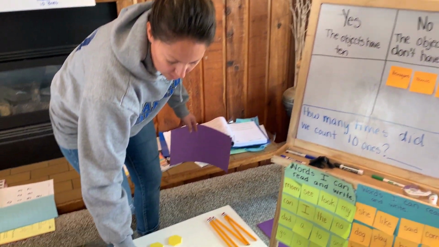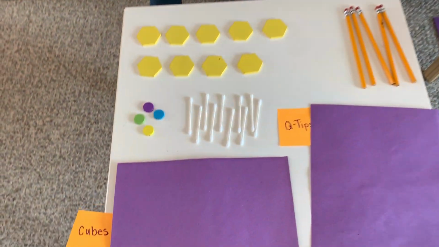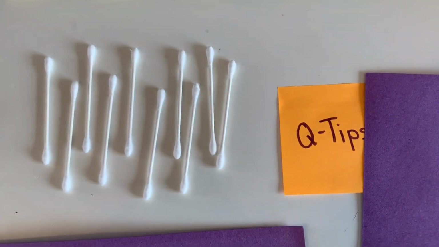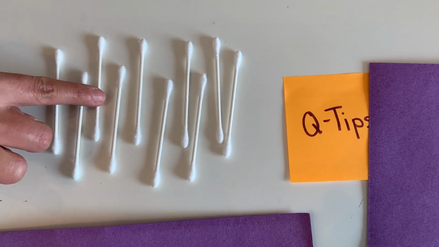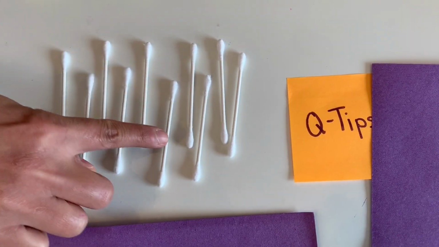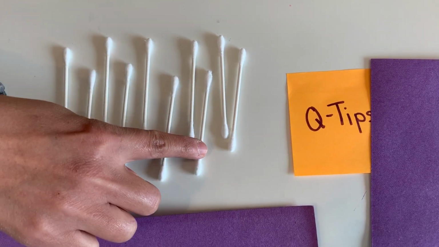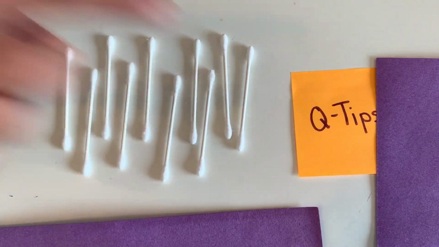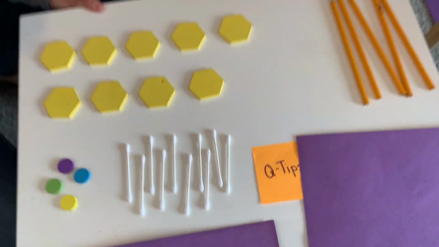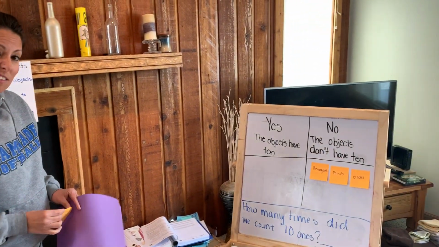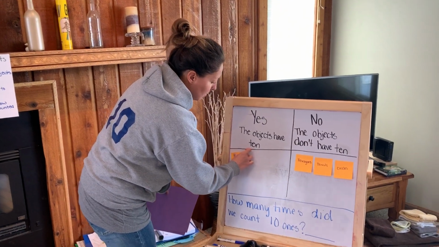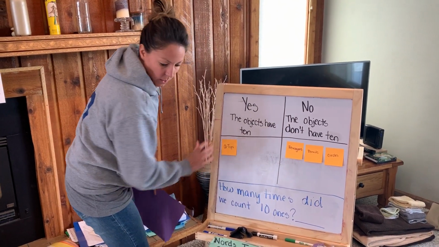Let's go to our next object, which is Q-tips. I'm going to go ahead and point to them as you count. Ready? Did you get 10? When I counted them in my head, I got yes, that they had 10 on them. So I'm going to put my label for Q-tips right there.